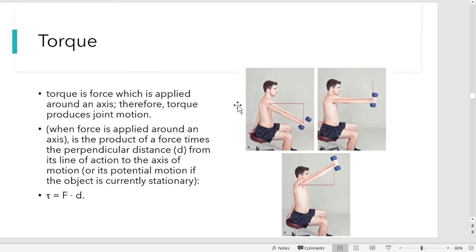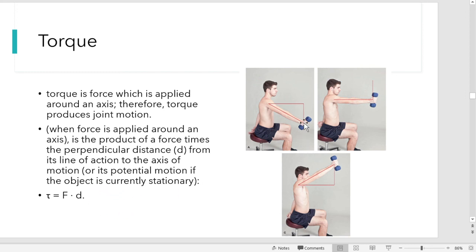So using now your mathematical equation, torque is equal to F times D, minus if it is clockwise or counterclockwise, or plus, okay, here.